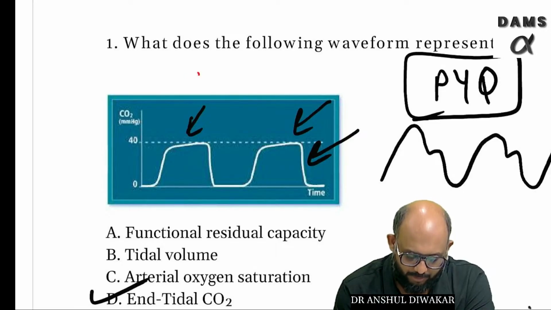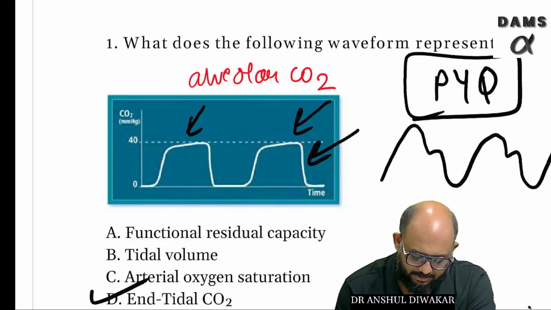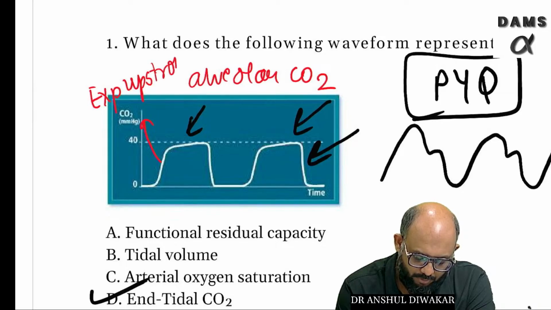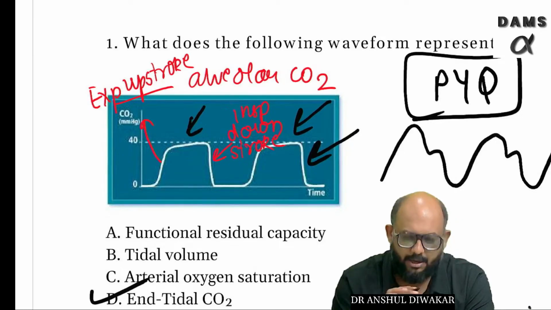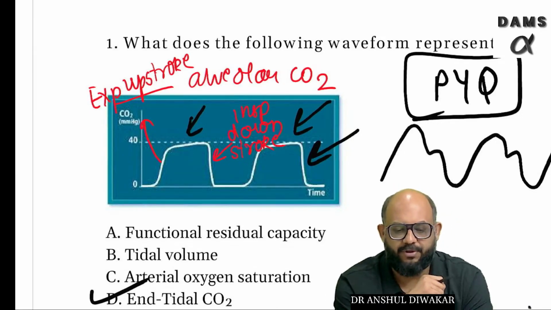So it was alveolar CO2, and we know that this is the expiratory upstroke, and the downstroke will always go down to 0. So this is the inspiratory downstroke, and we spend a fair bit of time understanding different capnographic waveforms.